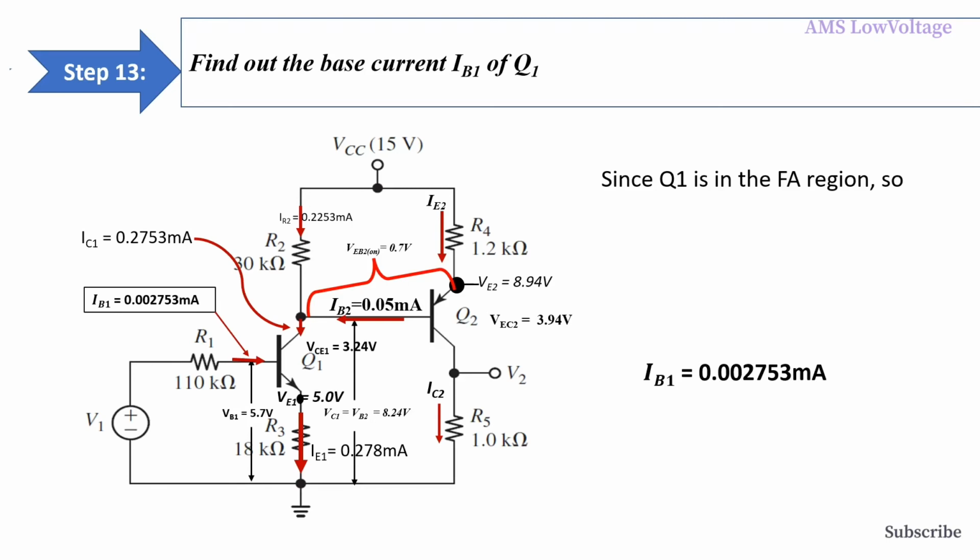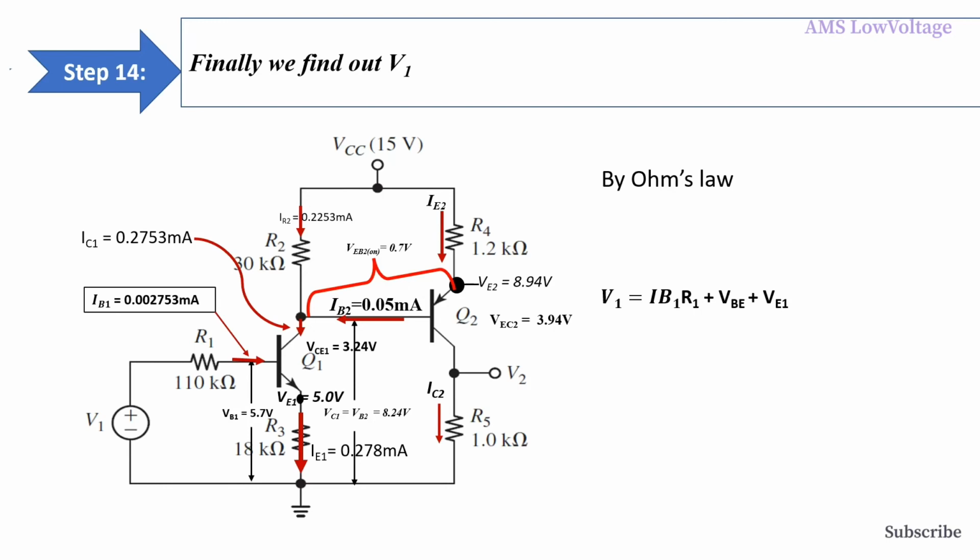In the final step 14, we will find the required value of V1. We have already found all the currents and voltages, so the last stage is to find the voltage V1. How can we find this?